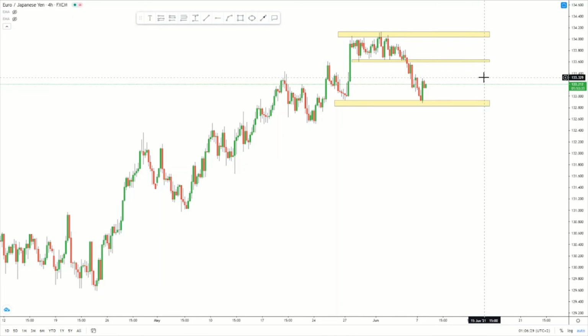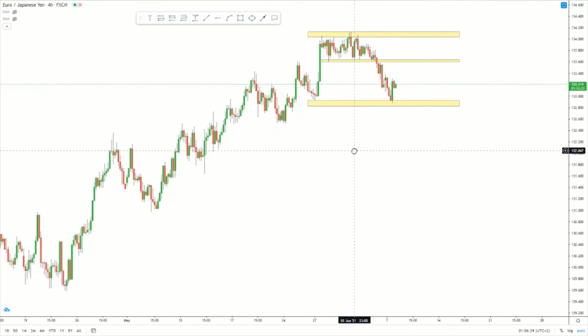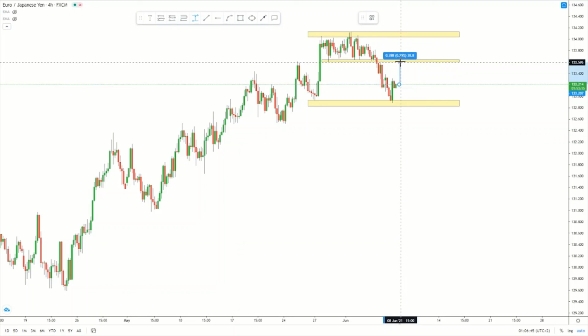Okay. So I'd actually be looking at the following trade for us to take. And with this pair, I'd catch a continuation trade actually. I look for any buys at this point in time to this level at 133.605.